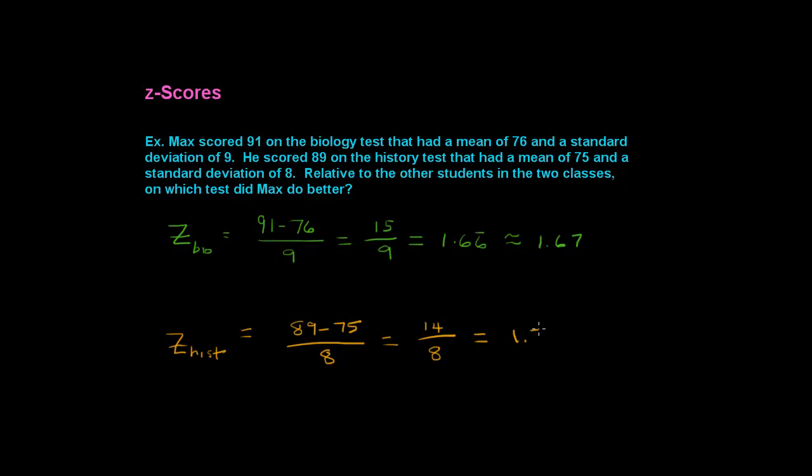And we get exactly 1.75. So while Max had a higher score on the biology test, at 91 versus 89, relative to the other students in the class, he scored higher or did better on the history test. So we would say that this was the test that Max scored relatively better.